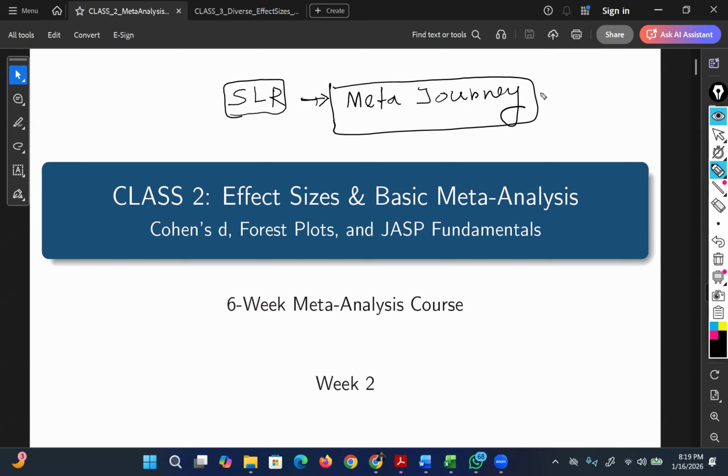What meta-analysis actually does is synthesize the statistical information of the research problem that we are investigating.